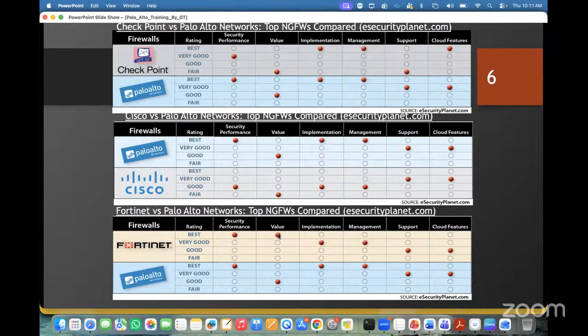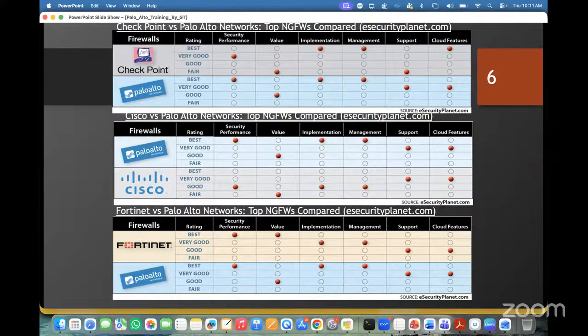On value for money, FortiGate is going to win here. Why? Because these are low cost firewalls and those are high cost firewalls, so less expensive. Thanks, Ujjwal. That's the reason FortiGate has a very good market, especially in Asia Pacific countries, where customers are acquiring a lot of FortiGate firewalls.